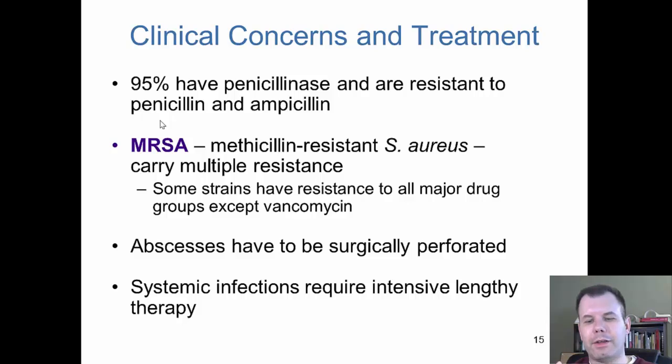One, it can be toxic. Two, it's hard to administer. And it's just not one of those that you really want to give. That's kind of like the drug of last resort. If nothing else works, we'll put them on vanco. And again, that can be a long-term treatment. Again, if you have abscesses or large furuncles or carbuncles, large boils and that stuff, you want to go to the doctor to get these drained.